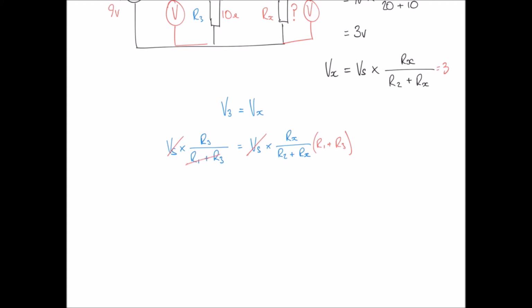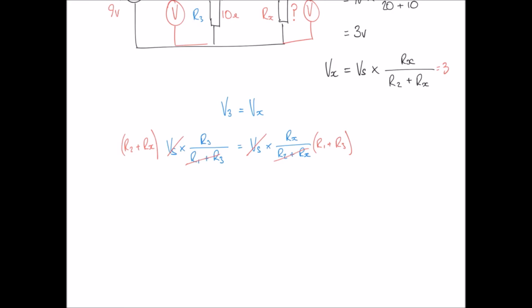Likewise, we can do the same thing with the denominator on the right hand side. So we can say that by multiplying both sides by R2 plus Rx, R2 plus Rx is going to disappear on the right hand side, but we have to multiply on the left hand side as well. So we have R2 plus Rx.